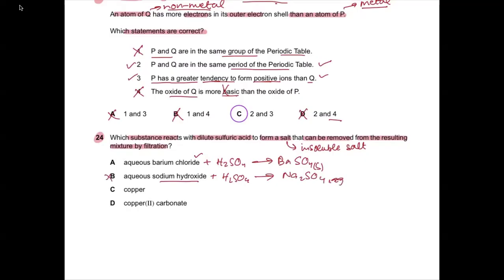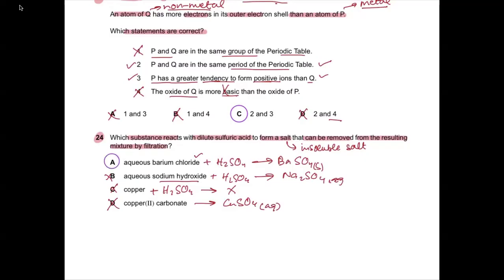So it's not the answer. With copper, sulfuric acid won't react. With copper carbonate, sulfuric acid reacts to form copper sulfate, which is water soluble, so no need of filtration. So we are left with only option A. So option A is correct.